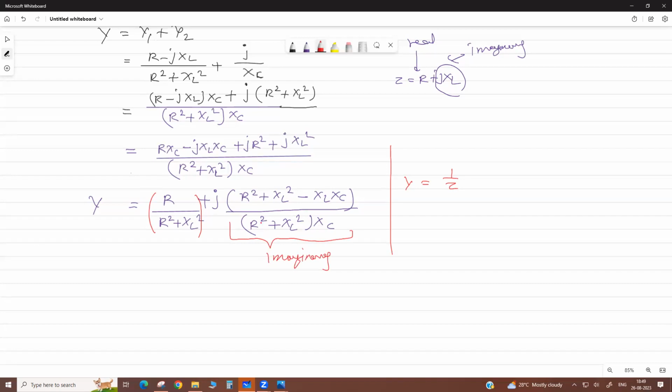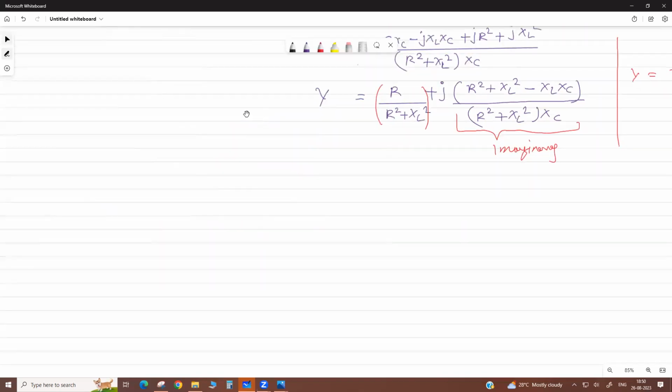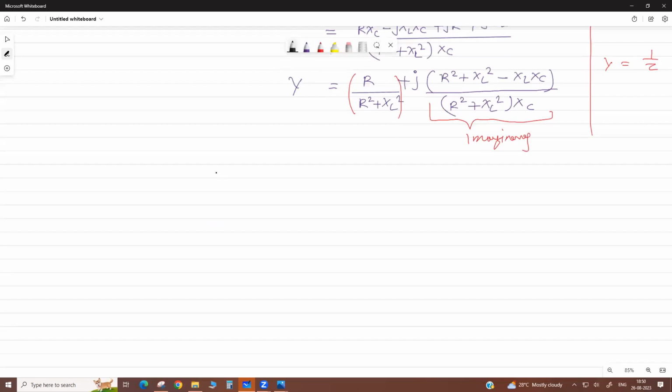Imaginary means this is your reactance. Now you apply the resonance condition in this circuit. At resonance, this imaginary part is 0.